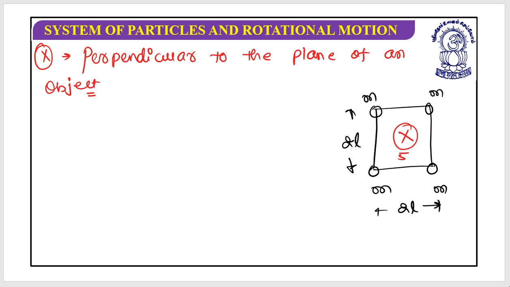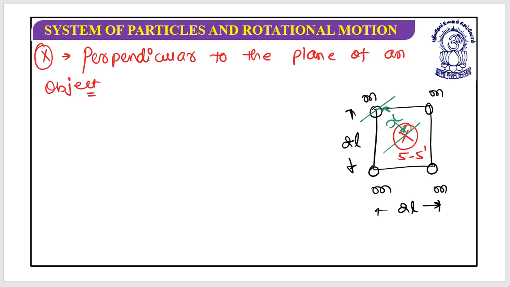Let's call it phi dash. So if you look at this very carefully, no masses pass through the rotational axis. So every object is going to rotate, and let's assume this is the distance. We can call it x.